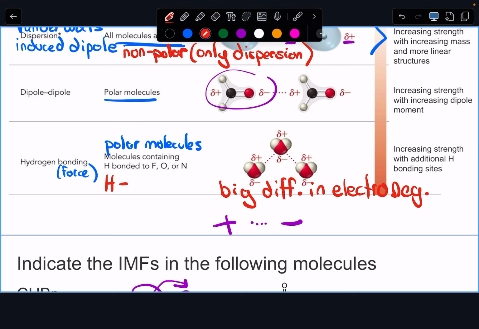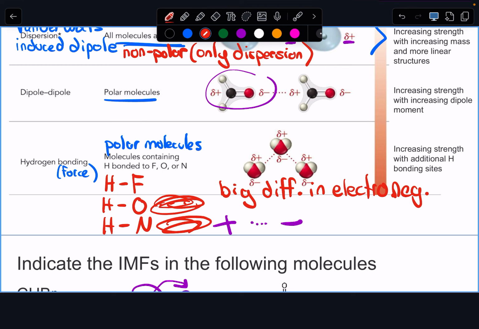So this is when hydrogen is bonded to fluorine, or hydrogen is bonded to oxygen, or hydrogen is bonded to nitrogen. There can be other stuff as part of this molecule. Fluorine only forms one bond, so the only time you see hydrogen bonded to fluorine is in HF. But all over biology is OH bonds connected to some other big thing. We'll look at an example of them in a second.